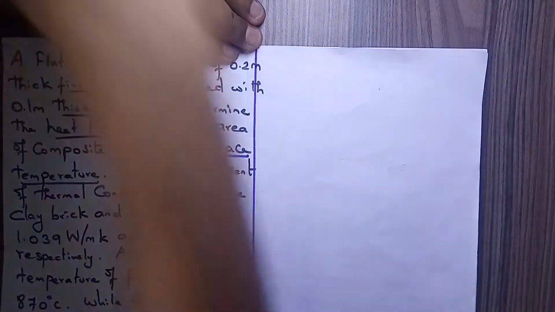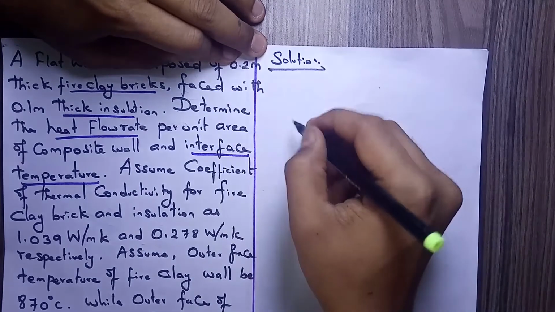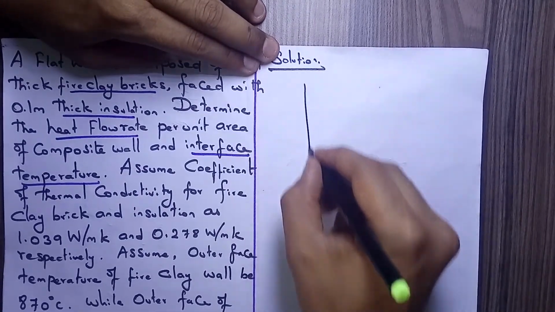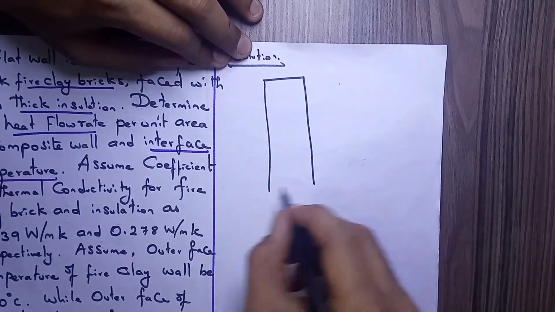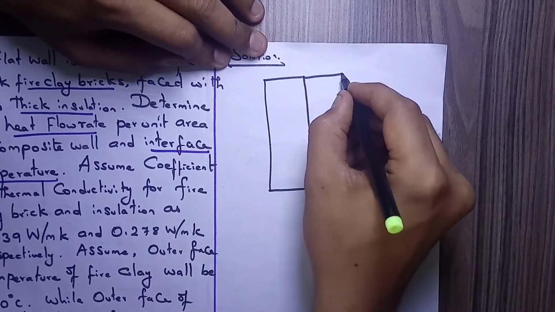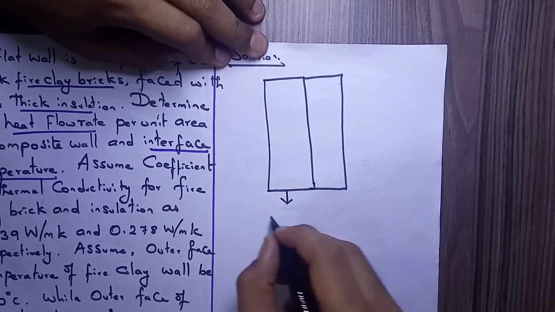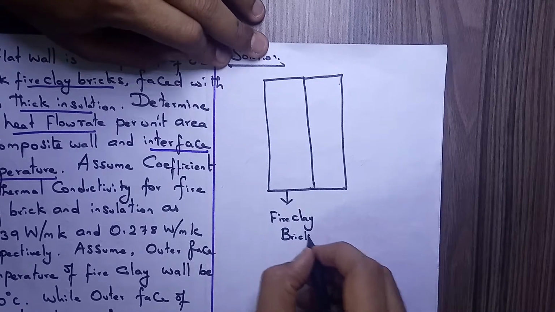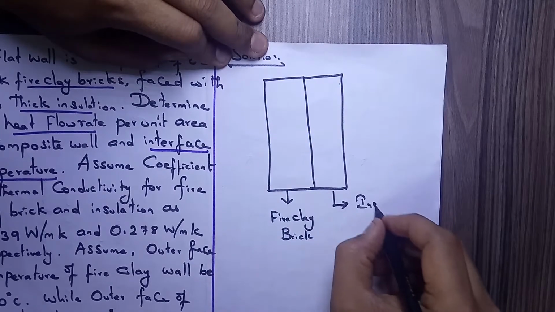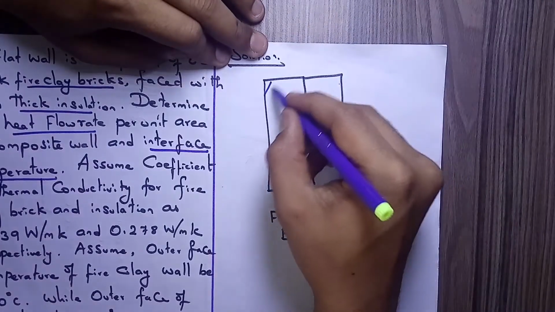Okay. Now, before going to the solution part, let's draw the diagram. This one is fire clay brick and this one is insulation.